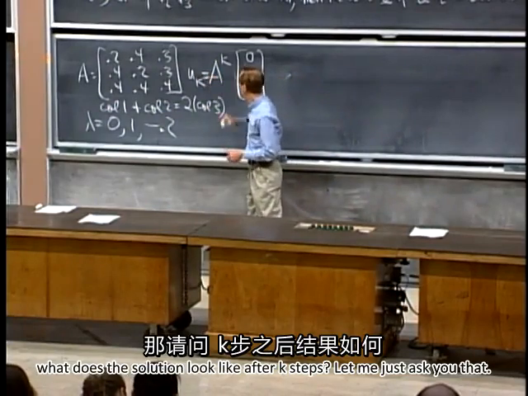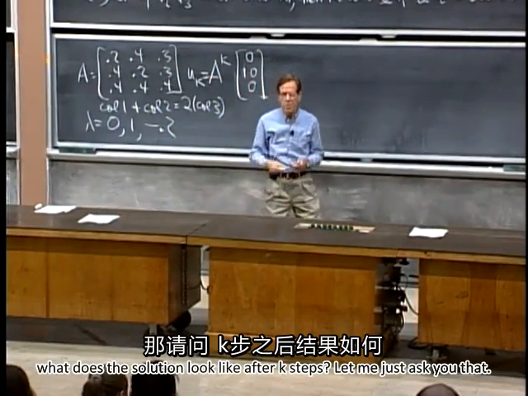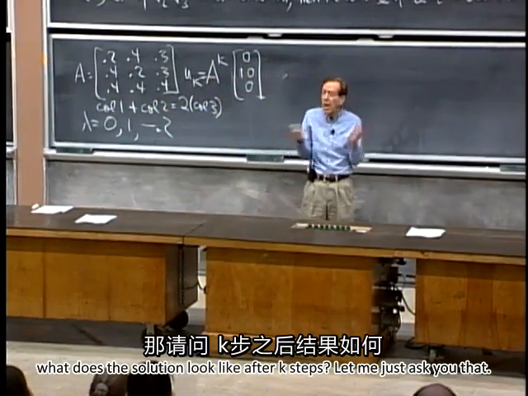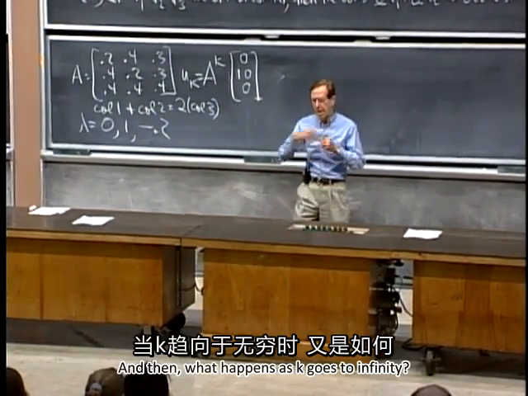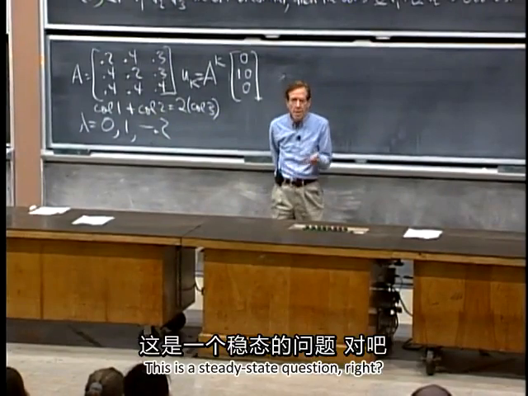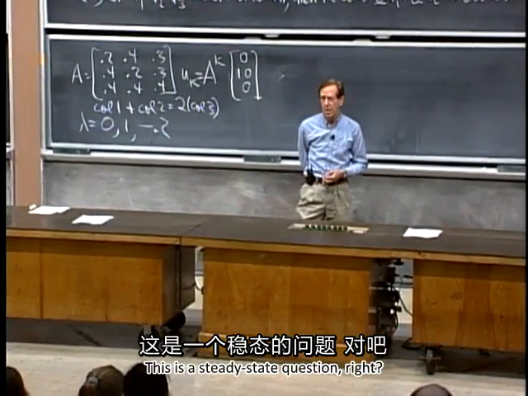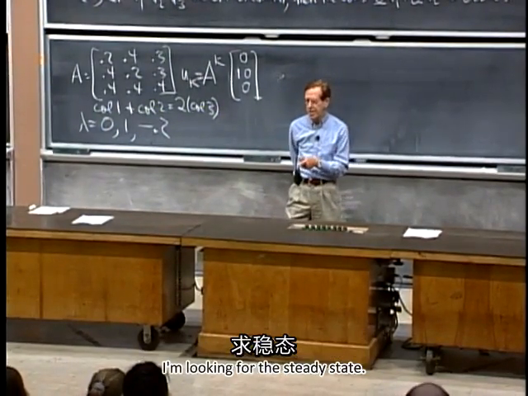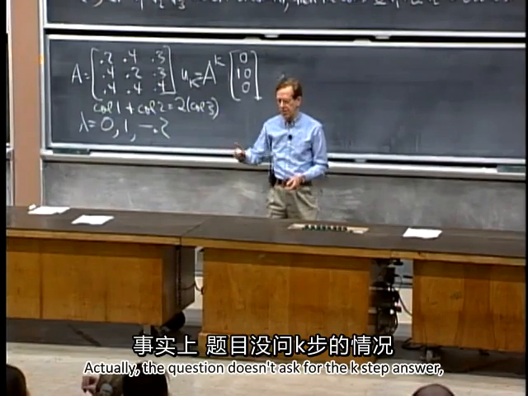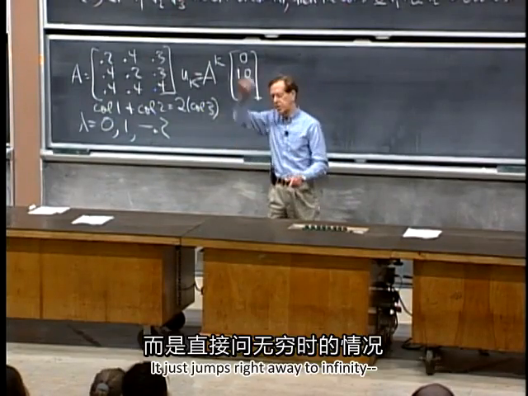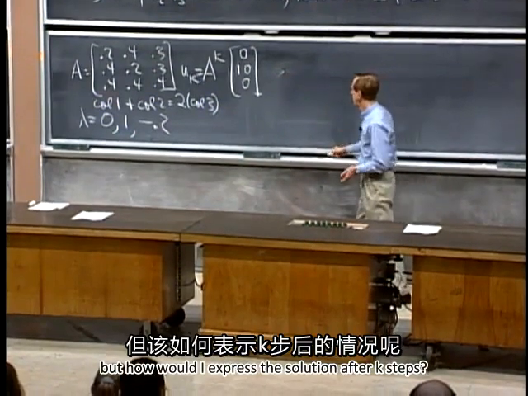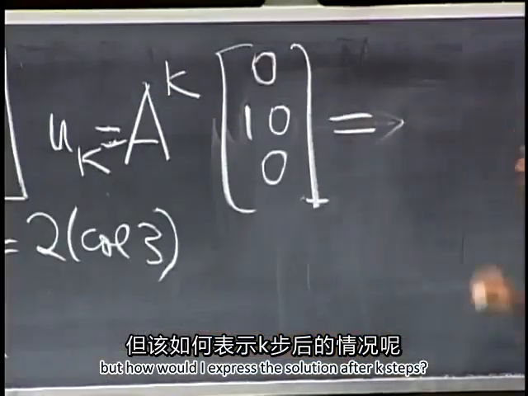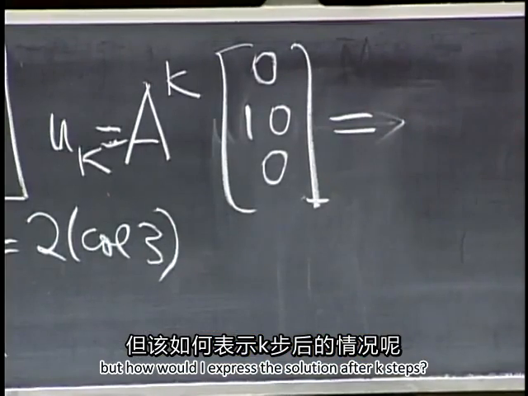What does the solution look like after k steps? Let me just ask you that. And then what happens as k goes to infinity? This is a steady state question, right? I'm looking for the steady state. Actually, the question doesn't ask for the k-step answer. It just jumps right away to infinity. But how would I express the solution after k steps?